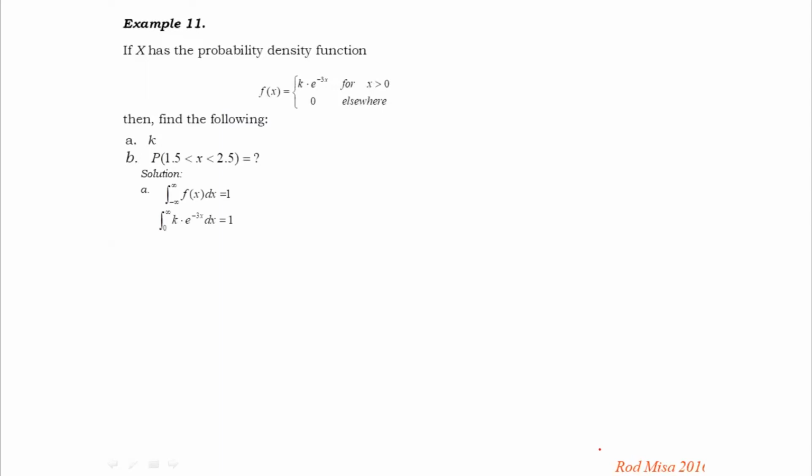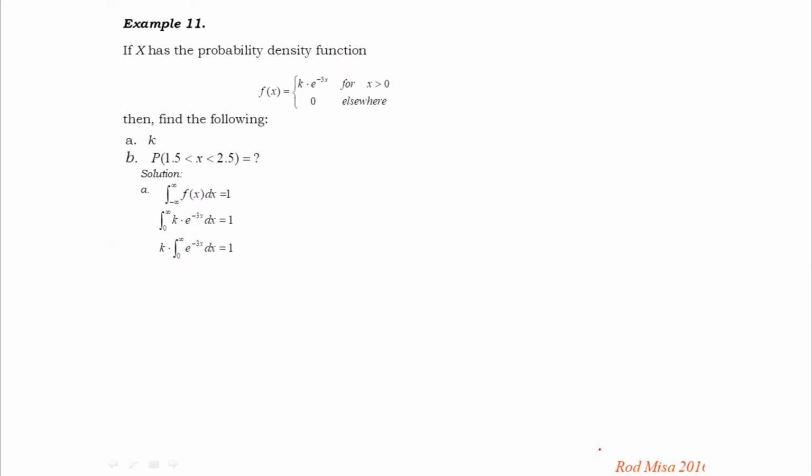So the integral of our PDF, which is k times e to the power negative 3x dx from 0 to infinity, is equal to 1. But factoring our constant k outside the integral symbol, we have k times the integral of e to the power negative 3x dx from 0 to infinity is equal to 1.